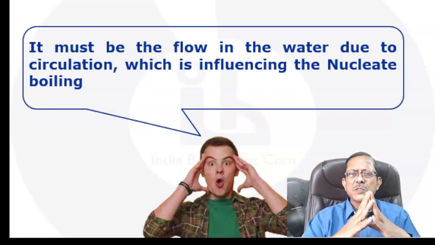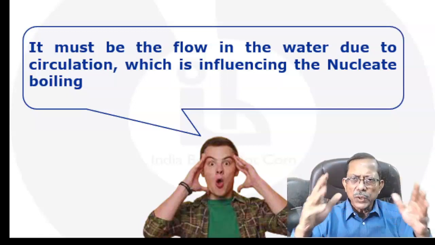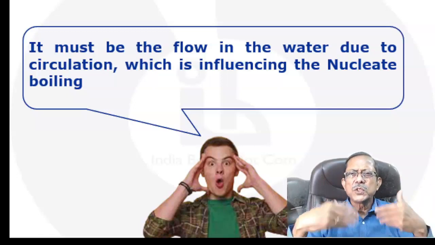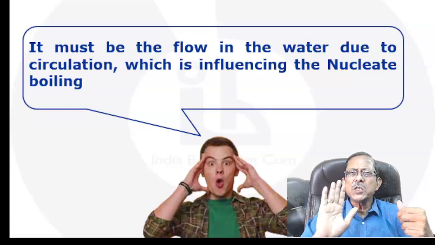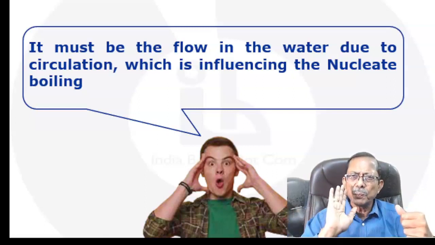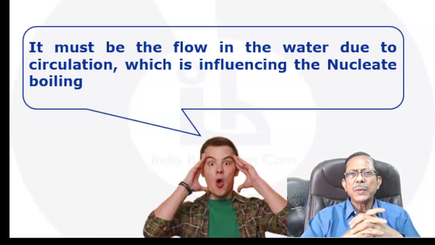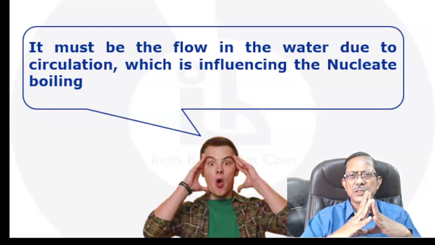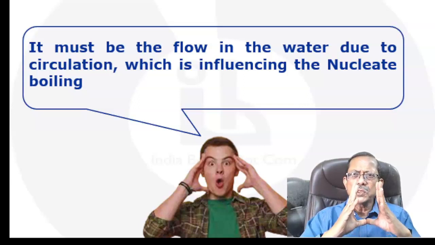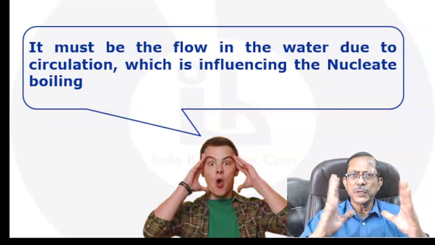So something must be pushing it away. That is how we come to a conclusion: it is the circulation in the water, creating the flow through the system evaporator circuit, which pushes the steam bubbles away and creates the nucleate boiling system. That is the importance of circulation.